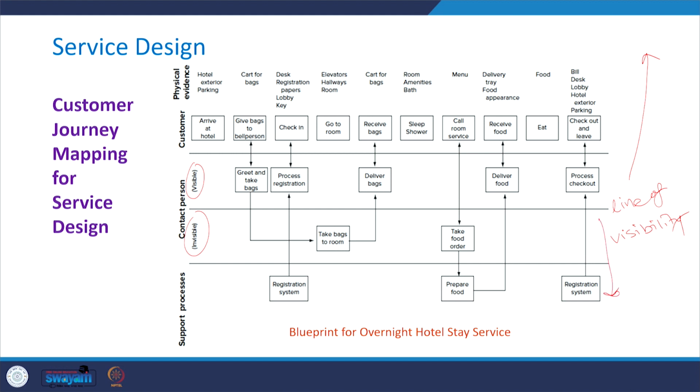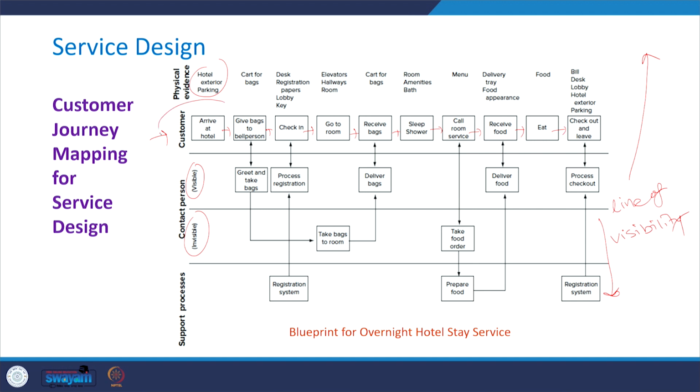Physical evidence here can include hotel exterior, parking, and so on. But the most essential part here is the customer journey. A person arrives at a hotel, gives bags to the bell person, checks in, goes to the room, receives bags, sleeps or takes a shower, calls room service, receives the food inside the room, eats it, and finally checks out and leaves the next day.